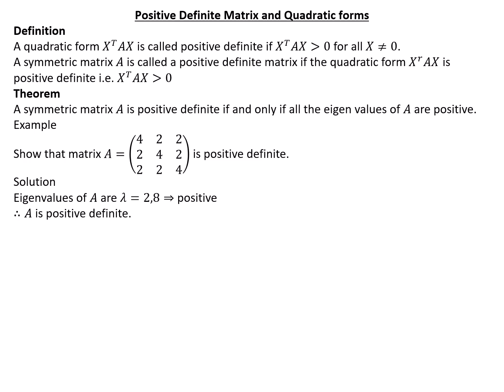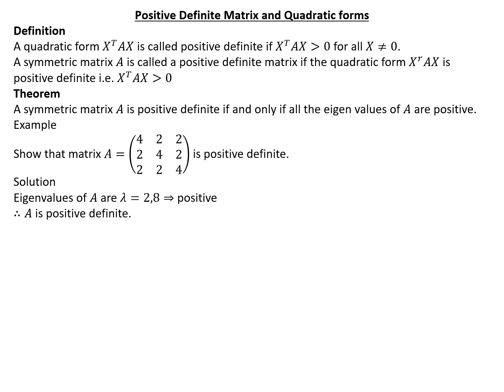Let's look at theorem 6 towards that. A symmetric matrix A is positive definite if and only if all the eigenvalues of A are positive. The condition is if and only if all the eigenvalues of A, that is, all your lambda, are positive, then that symmetric matrix is positive definite.